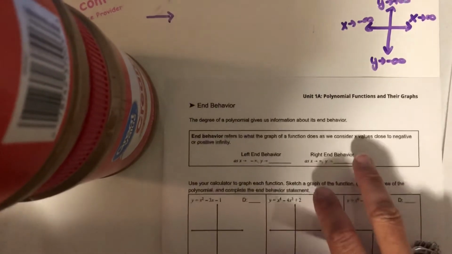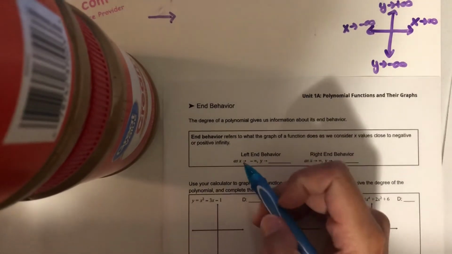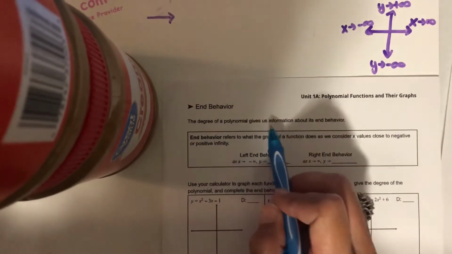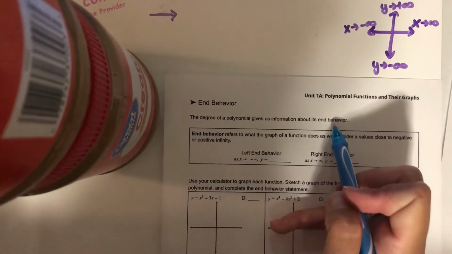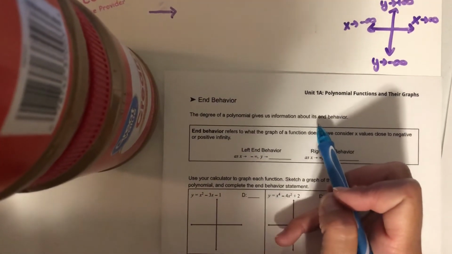Okay, so I take out the first sheet of our notes here, and I'm looking at this. It says the degree of a polynomial gives us information about its end behavior. So what did we just learn about? We just learned about degree in our last little lesson.